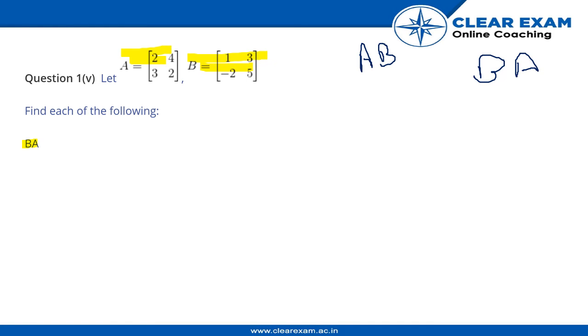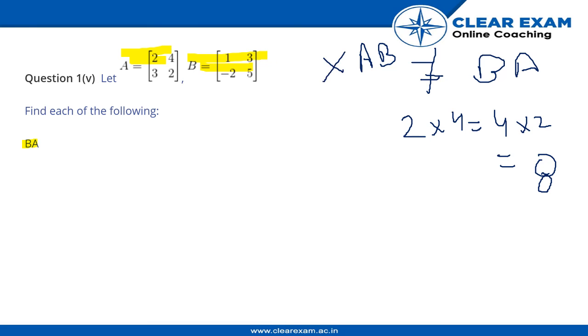And in matrix multiplication, AB is not equal to BA. For example, in normal algebra, we know that 2 into 4 is equal to 4 into 2 is equal to 8. But this does not happen in matrix multiplication. AB is not equal to BA.